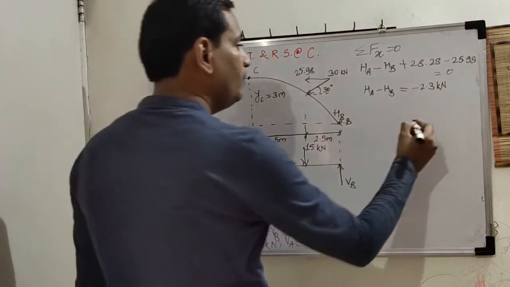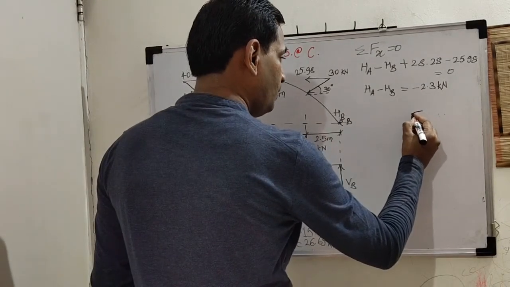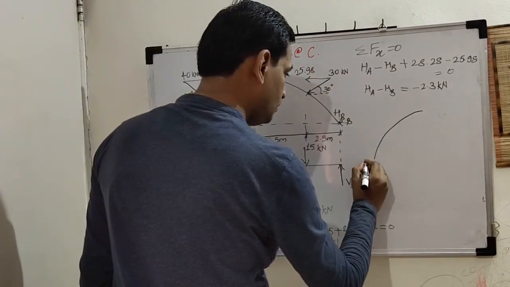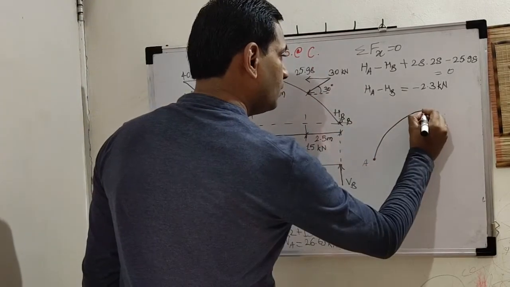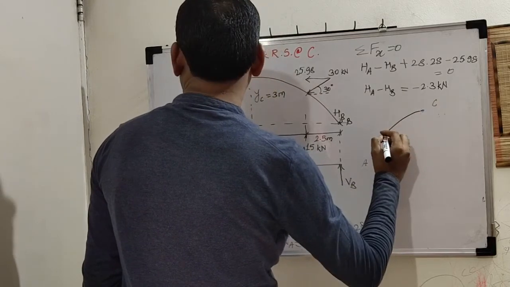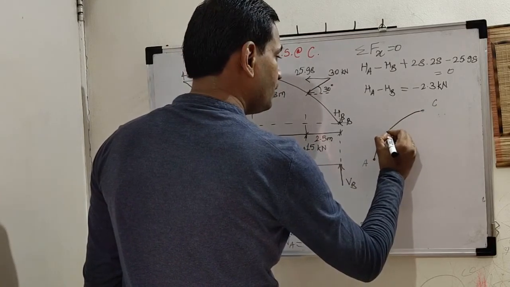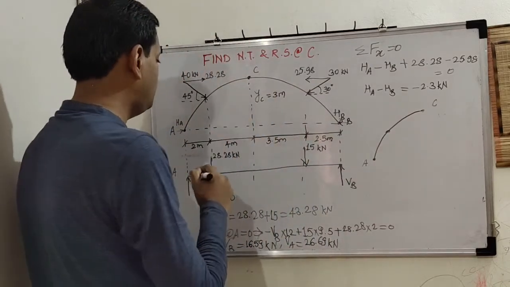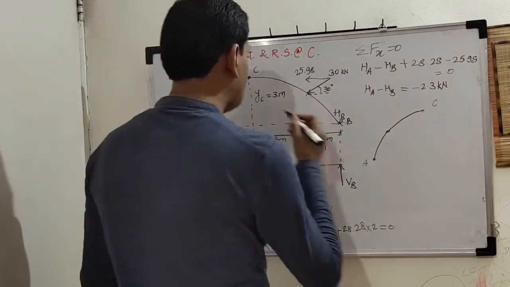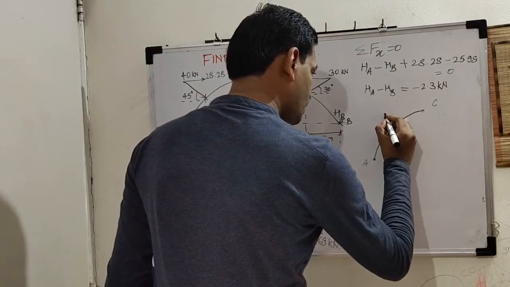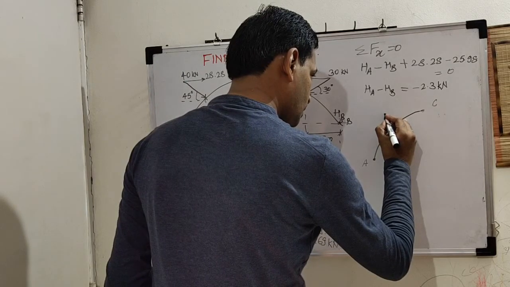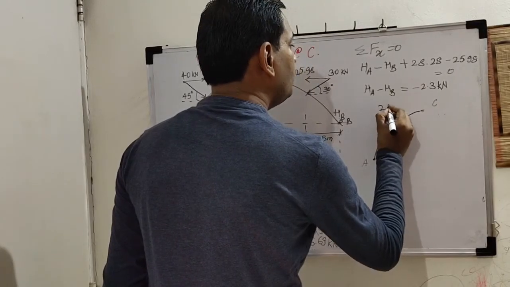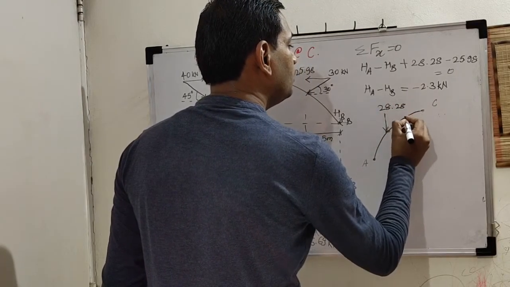So again we will consider free body diagram of A to C. Okay. Here somewhere at 2 meter are these two forces. Now there are two components. 28.28, I will show like this, 28.28, which is vertical component.